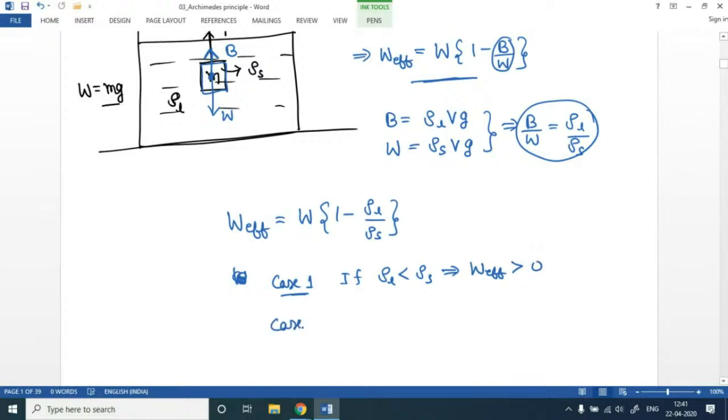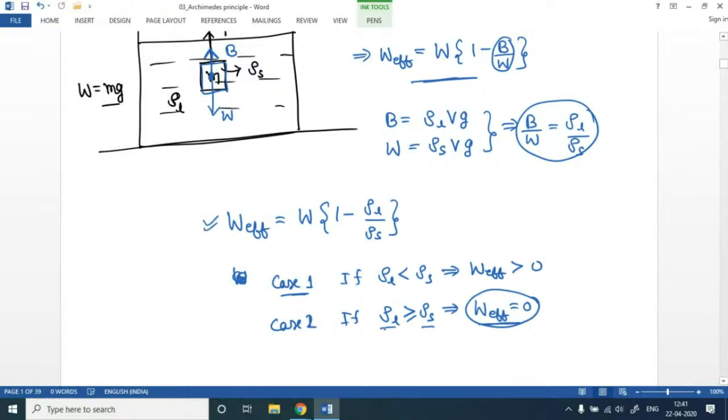Case 2: if rho L, the density of the liquid, is greater than or equal to the density of the solid, weight cannot be negative, so the effective weight will be equal to 0. It would be a net vertically downward force. Although rho L is greater than rho S, there is no weight of it, or if there is weight, you can assume that it would be in the vertically upward direction, effectively. So this is the case.